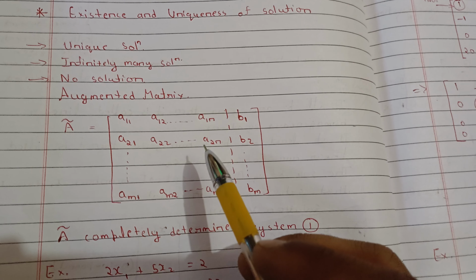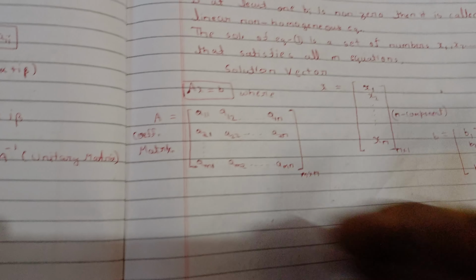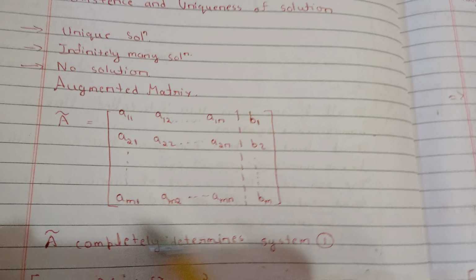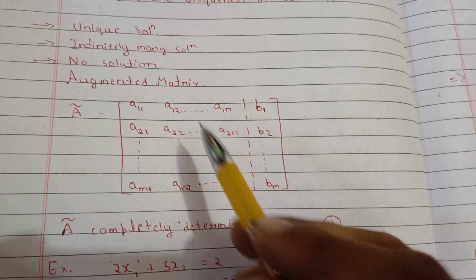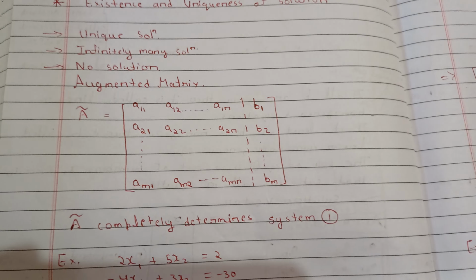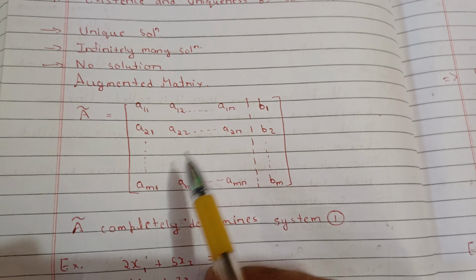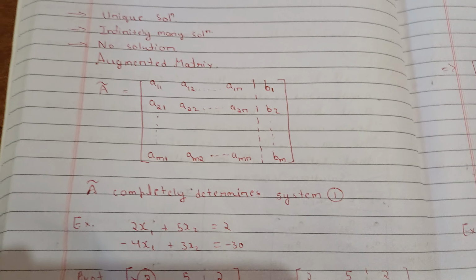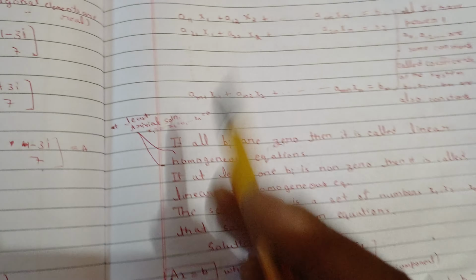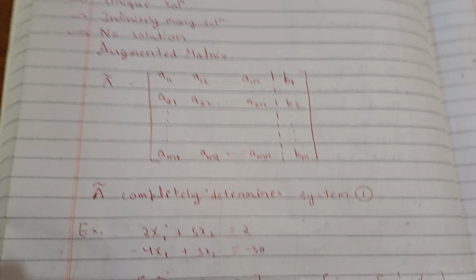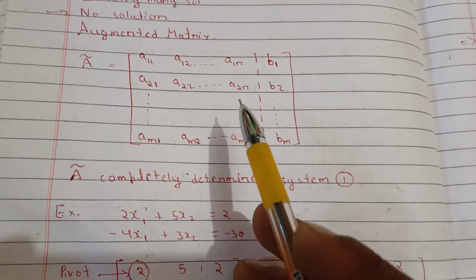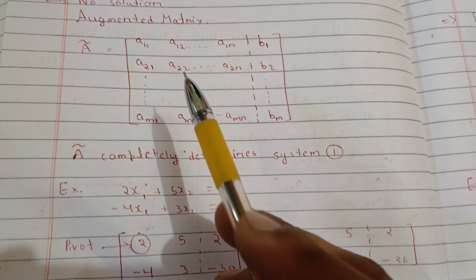Hope it is easy to understand. Just write the coefficient matrix and the right hand side with a dashed line between them. So this is the augmented matrix. First you have to write this, and then this matrix can completely determine the system. Means this whole system can be determined by this matrix.